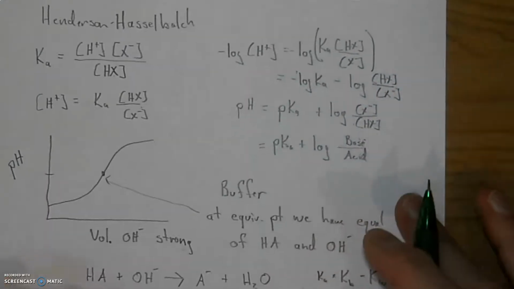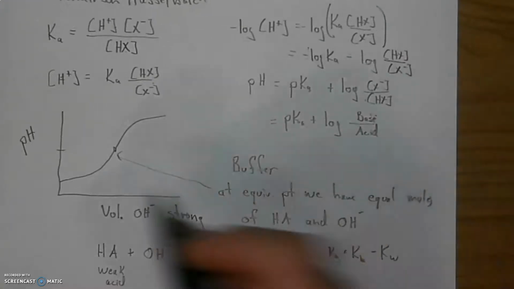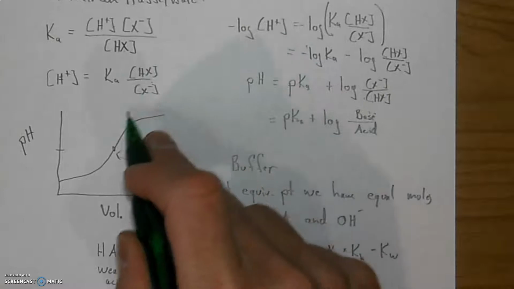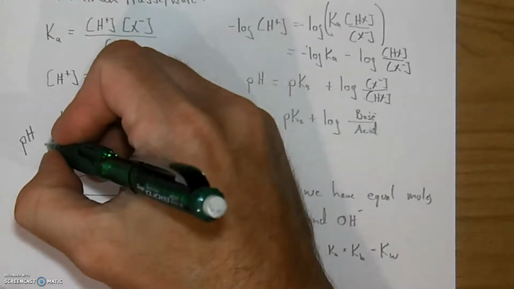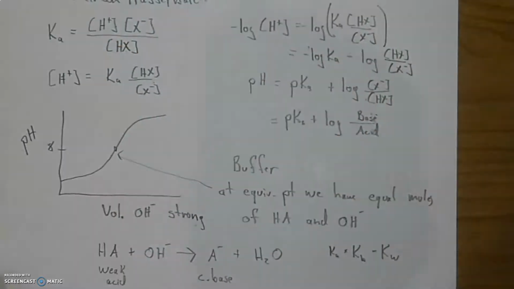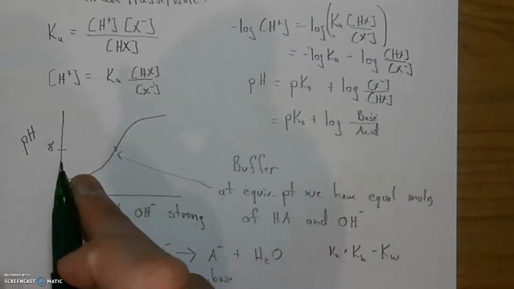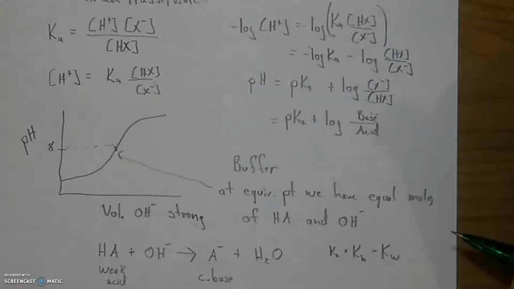Okay. Now, here's another tricky question for you. Using this titration curve, let's call this 7, I'm going to call it 8, just for fun. Where on this pH scale, ballpark, would be the location of a perfect buffer?